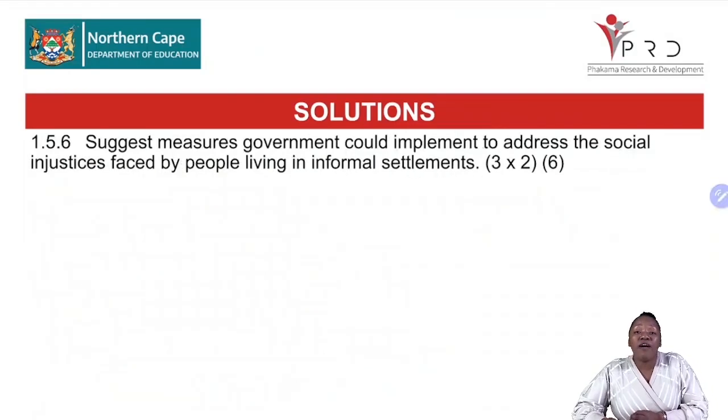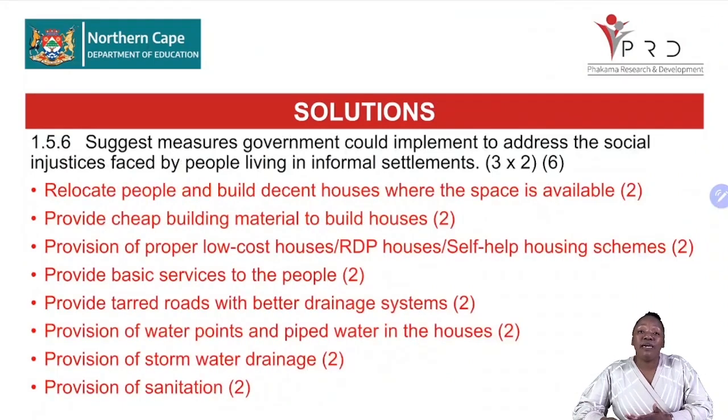Then your 1.5.6, you are supposed to give suggestions or strategies that the government could implement in order to address the social injustice faced by the people living in informal settlements. Amongst them is to provide cheap houses, or for the government to build those houses we call RDP houses, so that they can have proper housing.